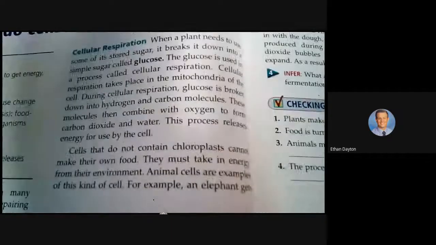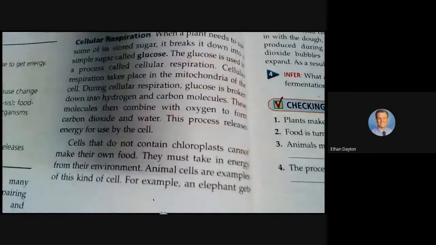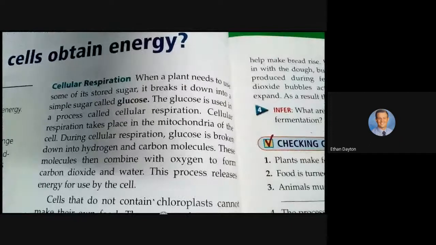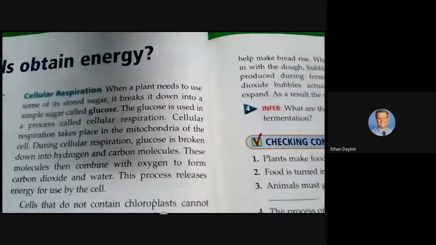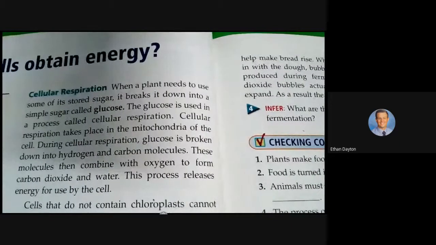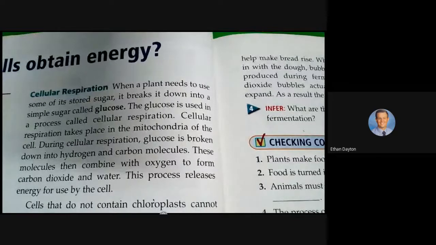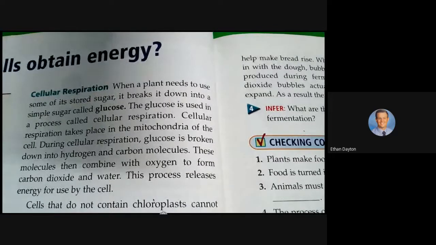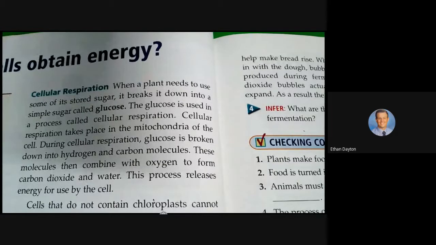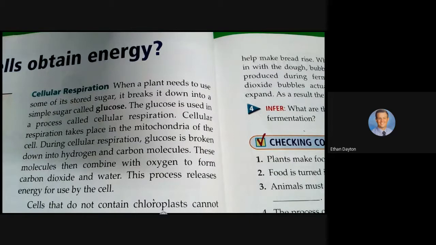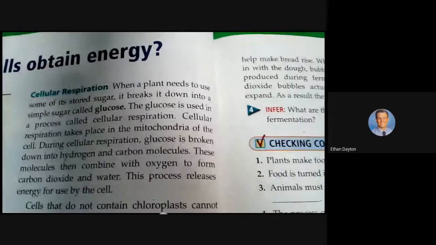This is one we talked about yesterday at great length. Cellular respiration. When a plant needs to use some of its stored sugar, it breaks down into a simple sugar called glucose. The glucose is used in a process called cellular respiration. Cellular respiration takes place in the mitochondria of the cell, the powerhouse. During cellular respiration, glucose is broken down into hydrogen and carbon molecules. These molecules then combine with oxygen to form carbon dioxide and water.